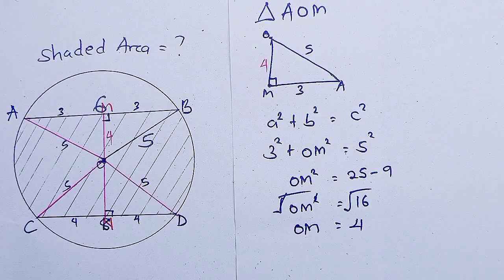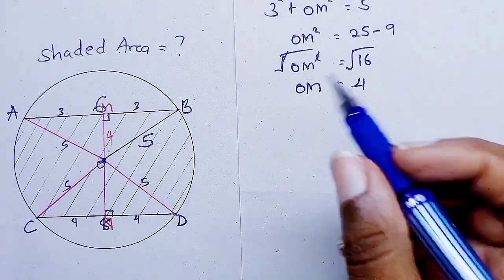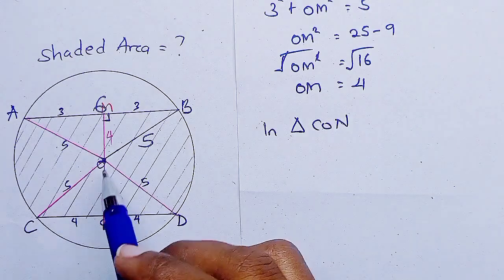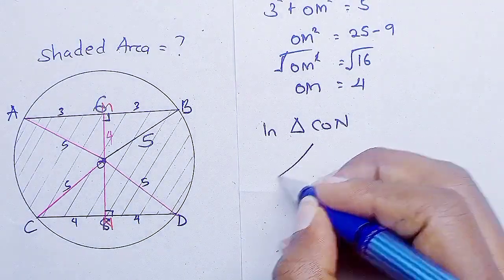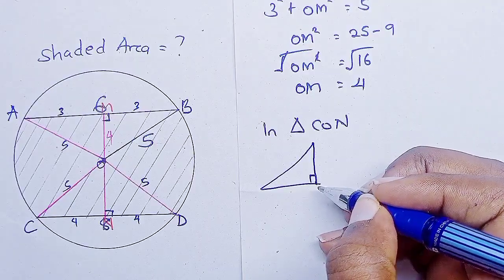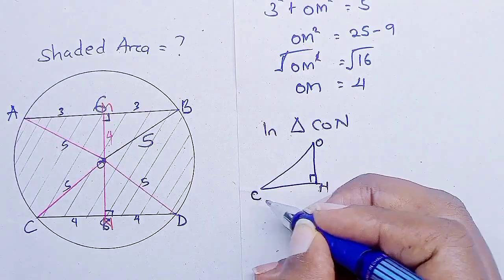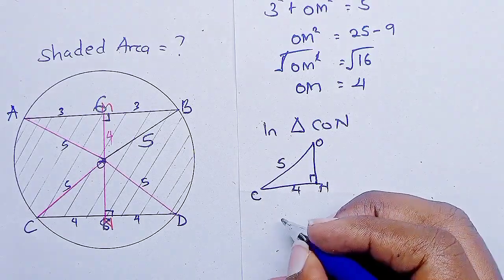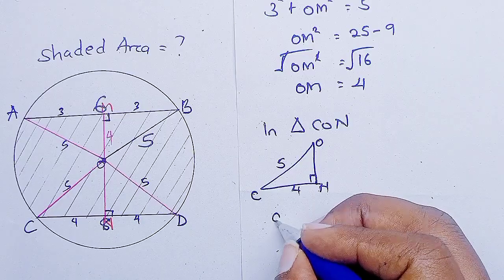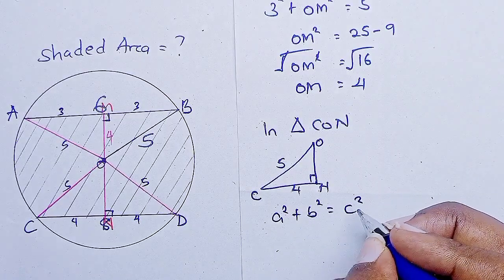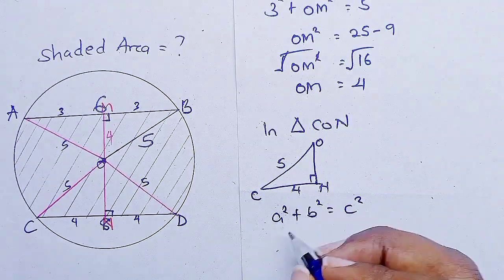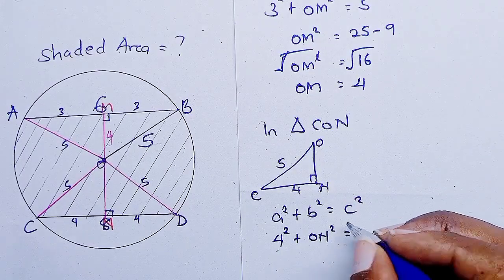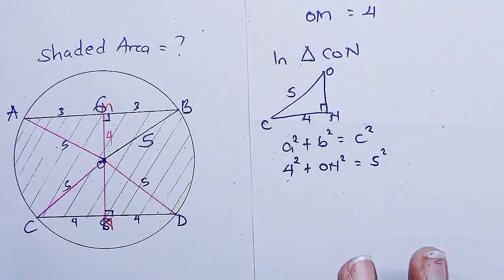Okay. Now also in triangle CON, this one here, it's also a right triangle where this is 4 and this is 5. So we can find ON using the Pythagoras theorem, which is a squared plus b squared is equal to c squared. And therefore a is 4, so 4 squared plus b, which is ON squared, is equal to c, which is 5 squared.